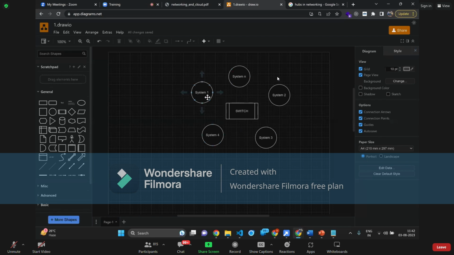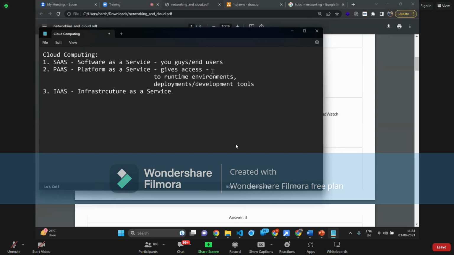At the same time, system 3 to build a software application or software as a service, while infrastructure as a service gives access. What does it get?